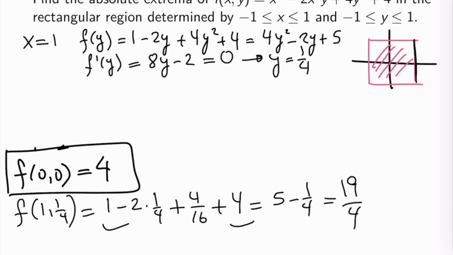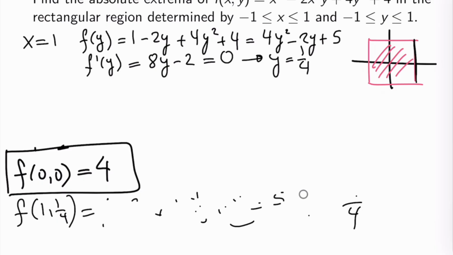So this is the value, 19/4, at the point 1/4. Let's keep this value for future comparison. Okay, so we continue with the remaining of the boundary.